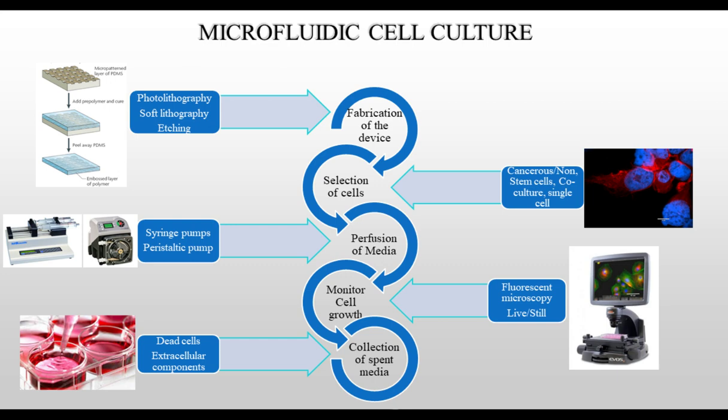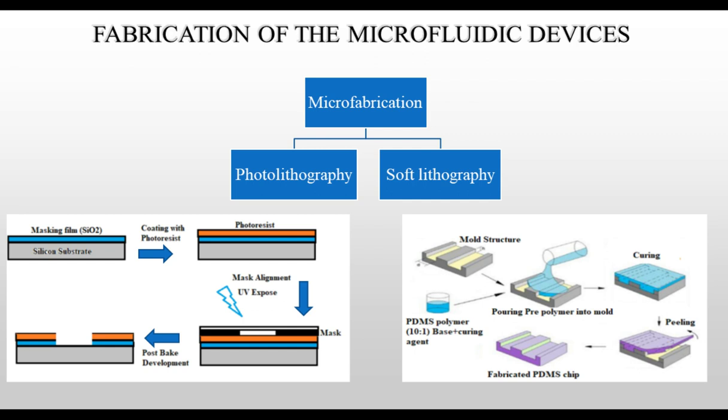Then we need to perfuse media into the chip, which is usually done using syringe pumps or peristaltic pumps. The chips are then monitored using microscopic techniques. We usually use live cell microscopy in our lab. And at last, the spent media is collected, which contains all the extracellular components and dead cells.